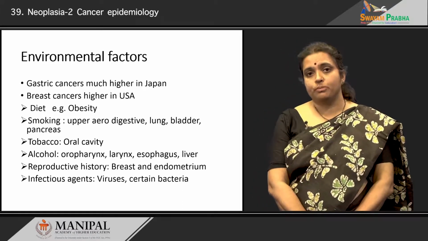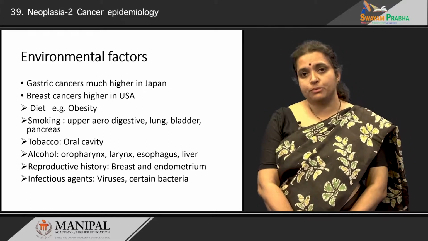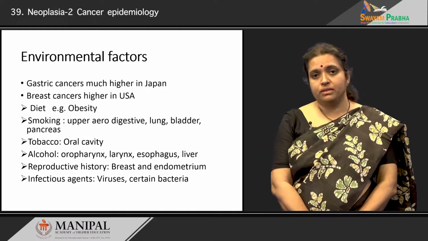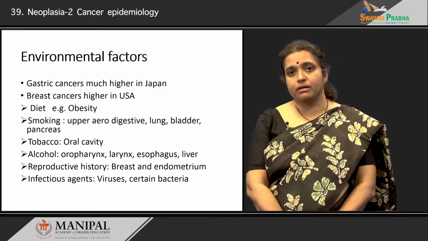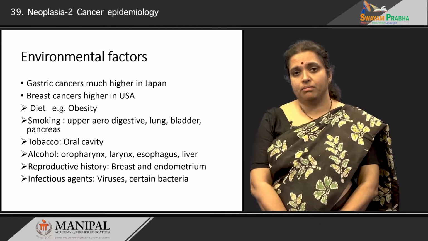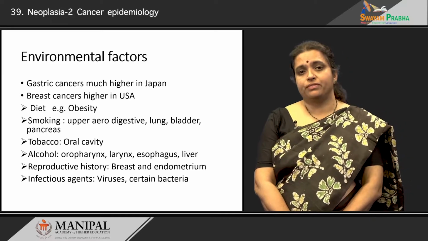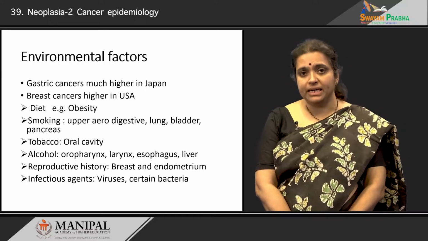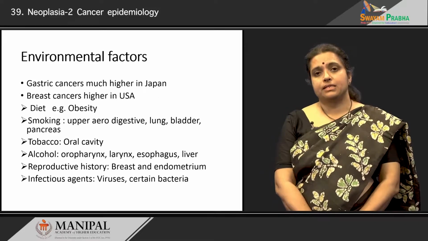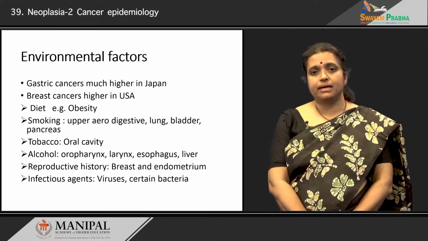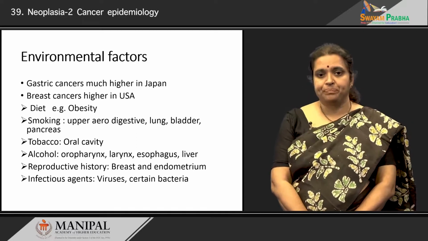There could be features of diet that affect the development of cancer. For instance, obesity is known to predispose to many cancers. Smoking, of course, everyone knows that smoking is a highly cancer causing substance. With smoking you have many kinds of cancers that can develop, such as upper aerodigestive cancer, lung cancer, urinary bladder cancer and pancreatic cancer.